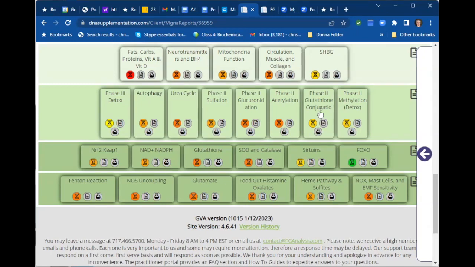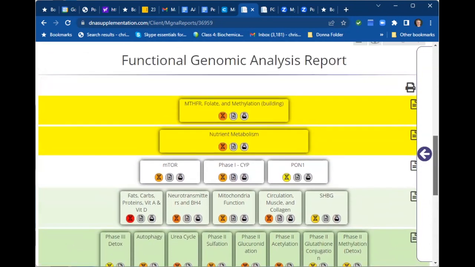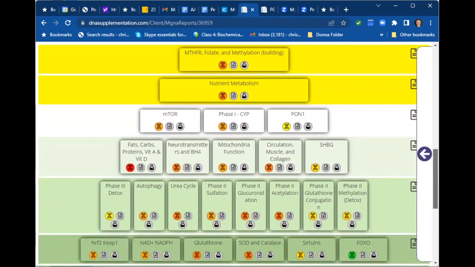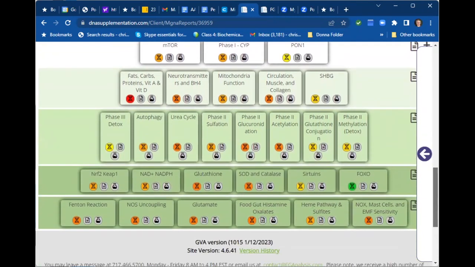Especially these bottom three are all of your detoxification pathways. My body does not detoxify very well. So this is one of the reasons why I have all of the chronic health issues I have, because I've just got a lot of SNPs floating around in lots of areas that are impacting all sorts of things.